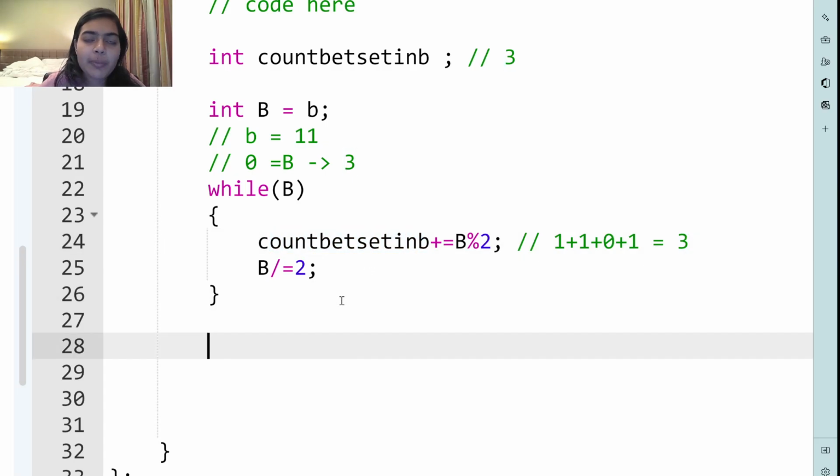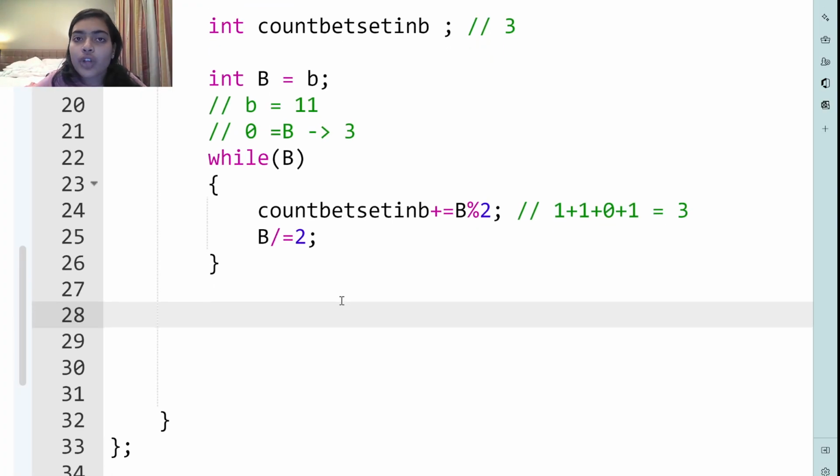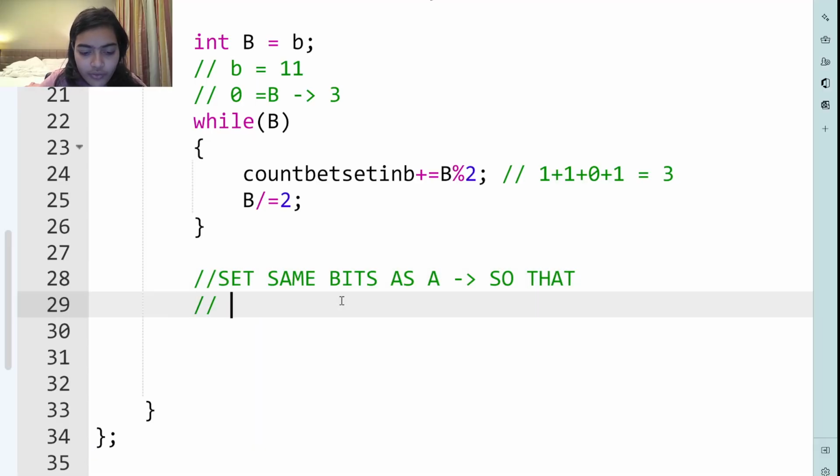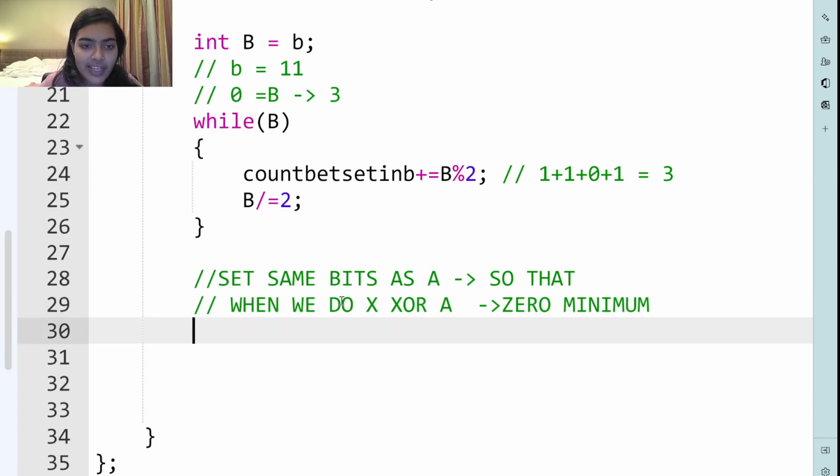Now this is the same number of bits which we have to set in x. So how do we do that? First of all, it's very simple. We have to set the same bits as a, so that when we do x XOR a, we get 0, which is the minimum possible. So our approach is very simple.